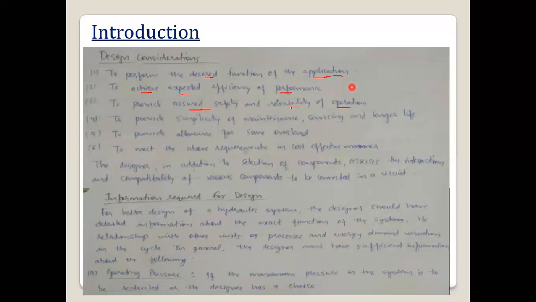Then we have to provide simplicity of maintenance, servicing and longer life. While designing the circuit, we have to keep in mind that the circuit should be simple to maintain, so maintenance should be easy. Servicing has to be done, due to which the circuit has a longer life. Then we have to provide allowances for some overload.